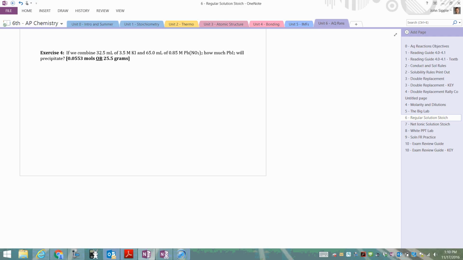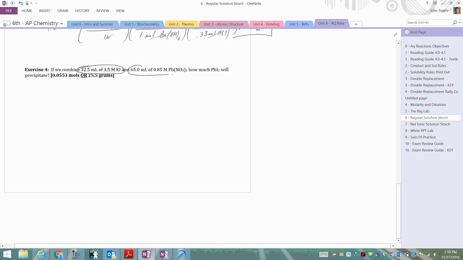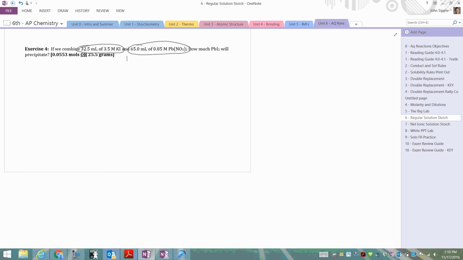Right, exactly. They give you everything you need to know about KI, and they give you everything you need to know about lead nitrate to know how many moles of that substance you have, okay? So that's the key sign that you're getting a limiting reactant type of problem, okay? They give you all the info you need to know about your reactants, okay?